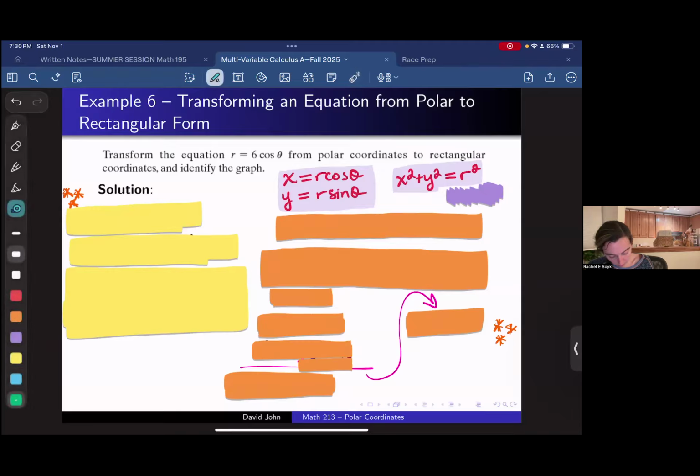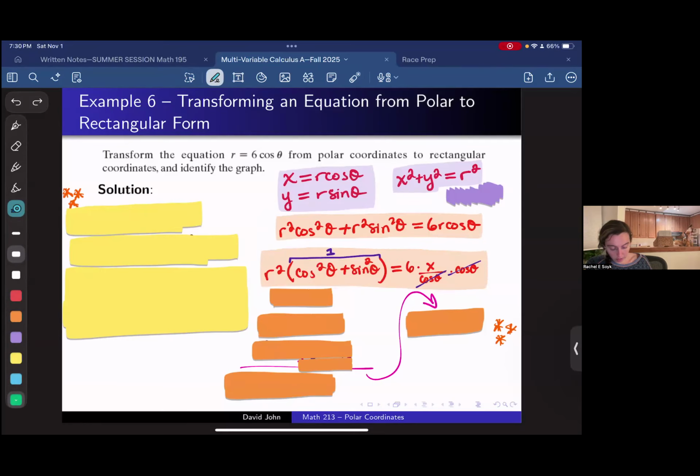Let me try and reveal these. Yeah, let's factor out that r squared on the left-hand side. When we do that, we get r squared times (cosine squared theta plus sine squared theta) equal to 6r cosine theta, and that cosine squared theta plus sine squared theta is just 1.